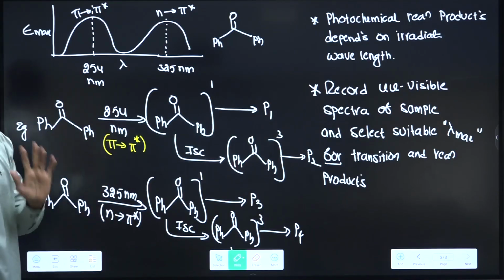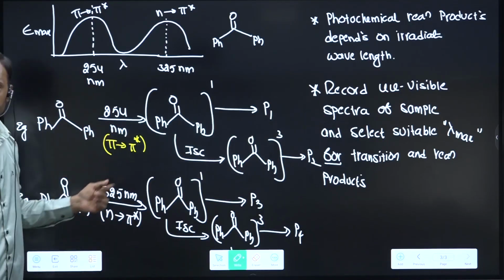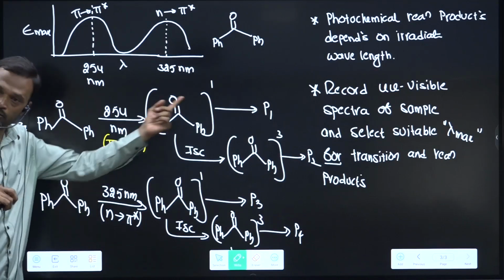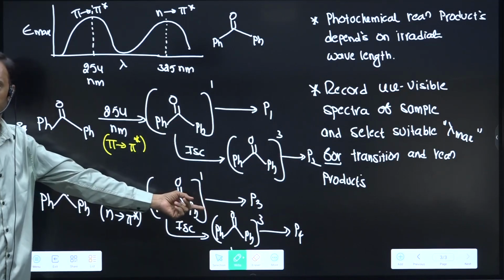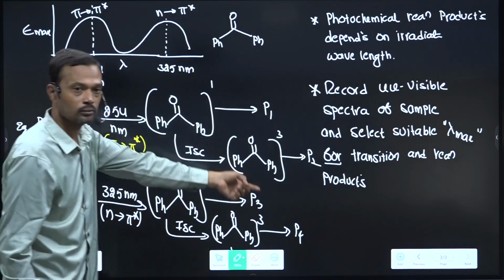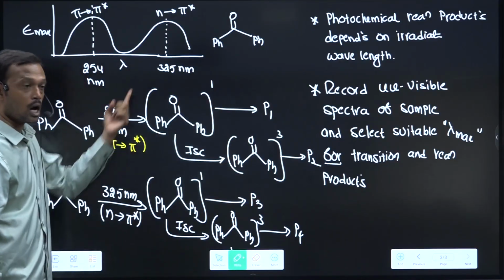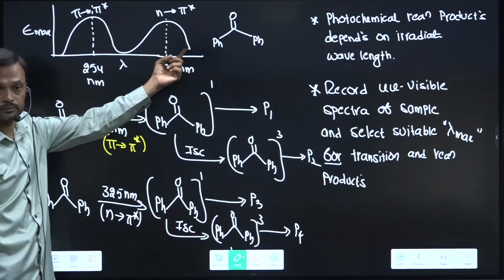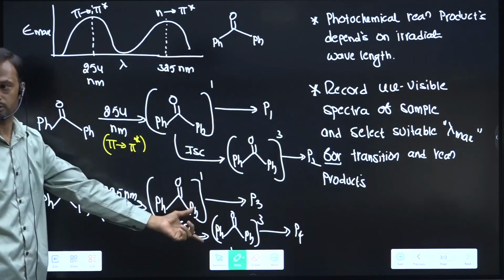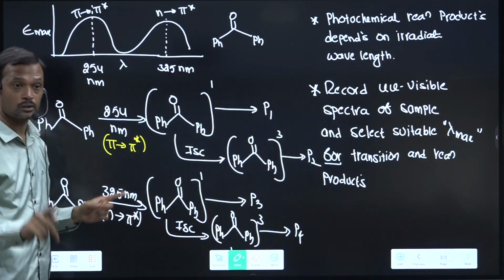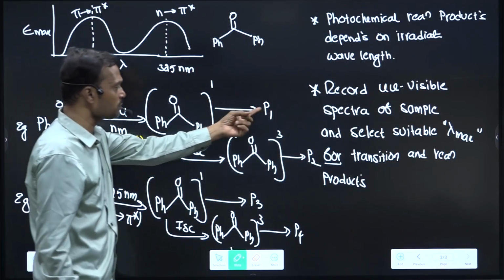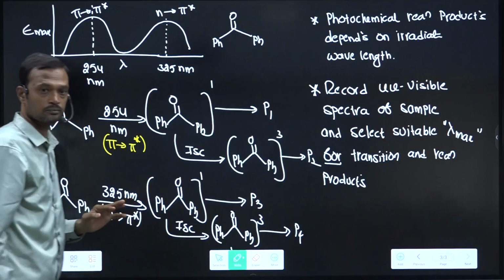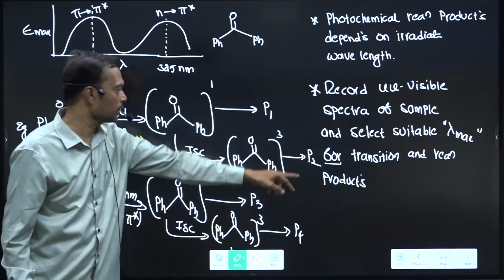Suppose if lambda is not given, then what is your answer? All we need to write. You need to write all of these, because they did not mention lambda. All possible transition resultant products should be taken as major products. Suppose if lambda is mentioned, based on the lambda, one is major, the remaining are minor, not existing. Only these two are possible at this lambda.